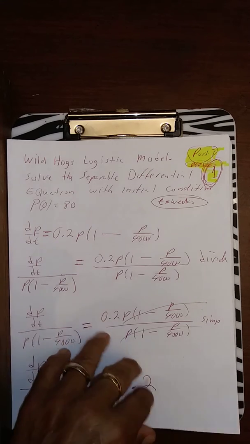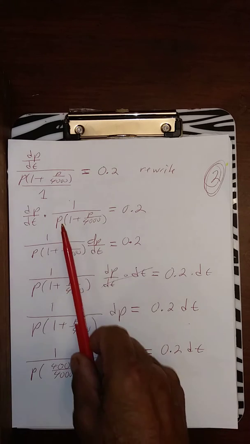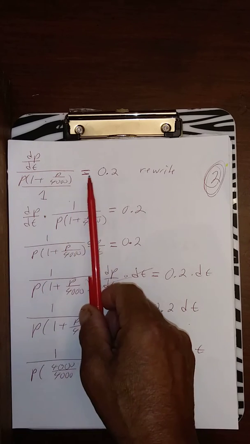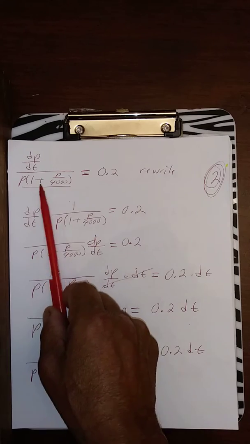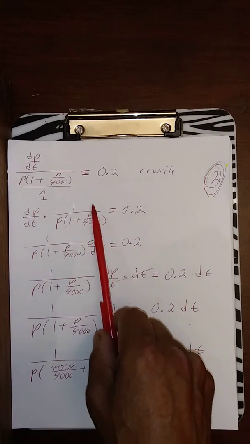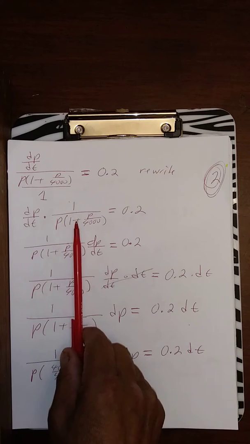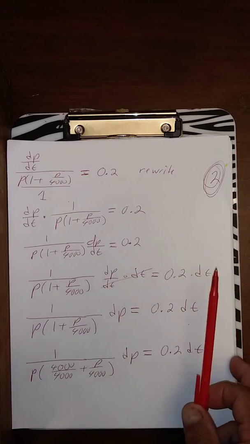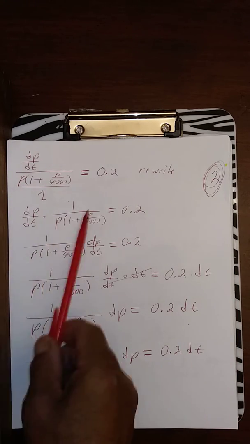Now we're going to rewrite this: dP/dt, this over this, equals 0.2. Get the reciprocal of this, it's up here. So now we have dP/dt times this equals 0.2. Now rewrite this, flip it.